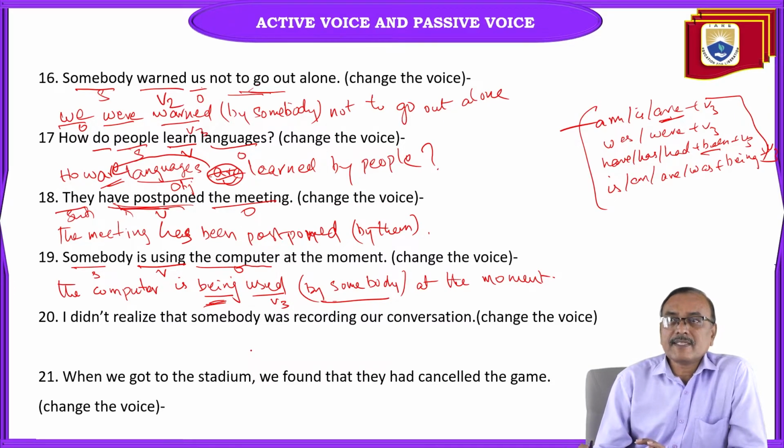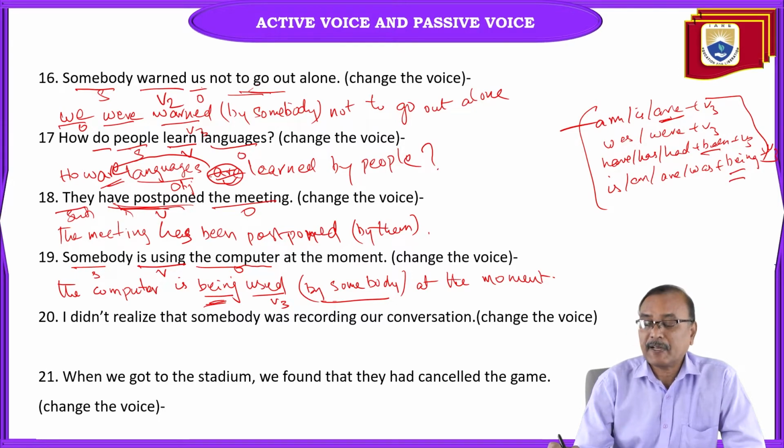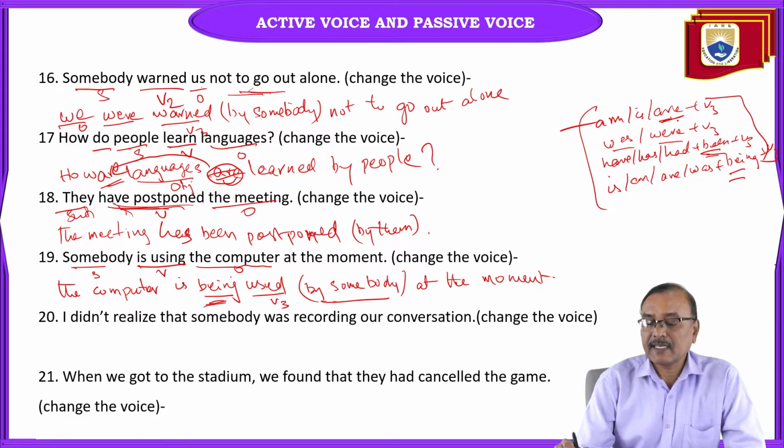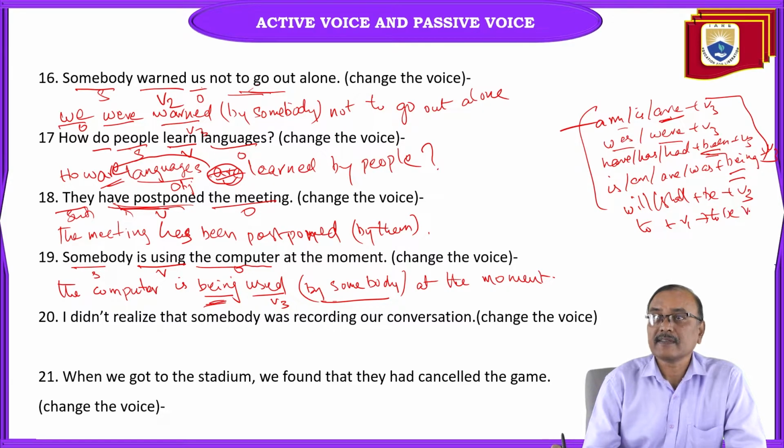Just remember these. If it is continuous tense, being. If it is perfect tense, been. If it is past tense, was or were. If it is present tense, am, is, are, before V3 form. If it is future tense, will or shall be. What do we use here? Be plus V3. If it is to V1, it becomes to be V3.